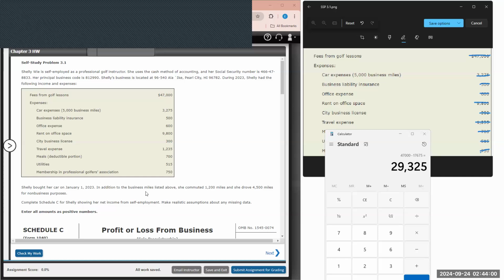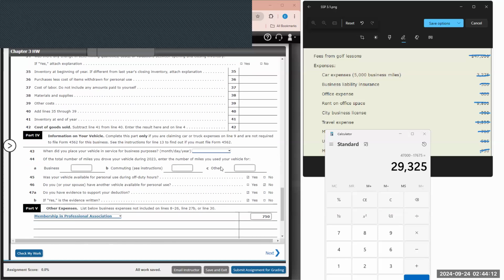In addition to the business miles listed above, she commuted 1,200 miles and drove 4,500 miles for non-business purposes. So we scroll down. January 1st, 2023, the business miles were 5,000.